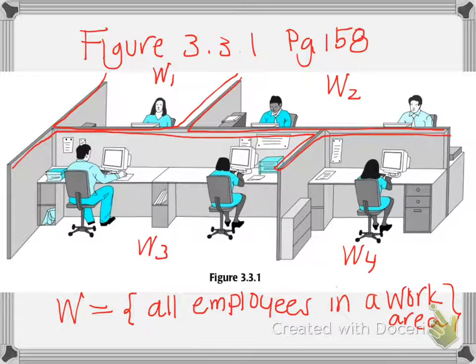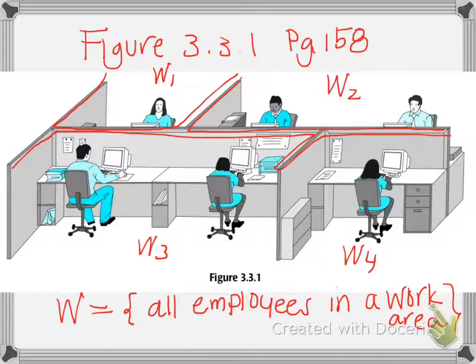That first condition is met because every cubicle contains at least one worker. There's not a W sub 1 or 2 or 3 or 4 that doesn't have any workers in it, so it's not equal to the empty set. That's what the first condition means. The second condition says no worker is assigned to two different cubicles.